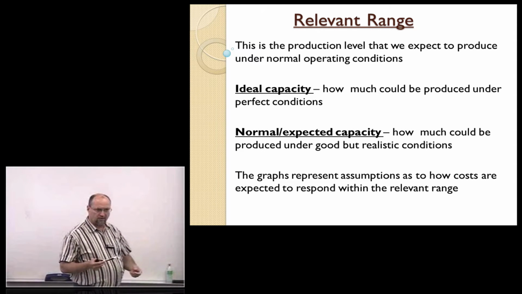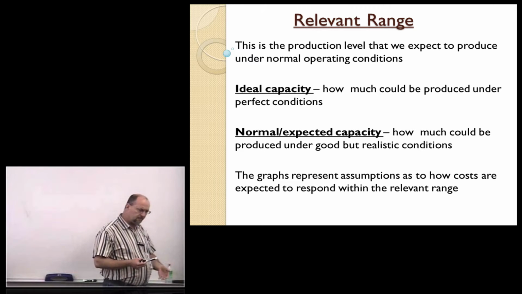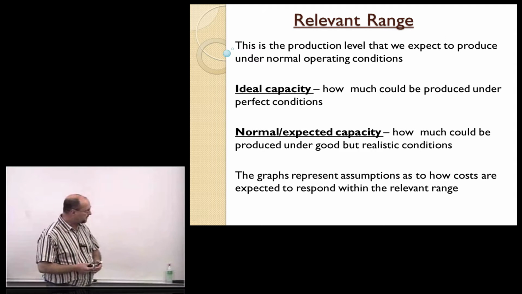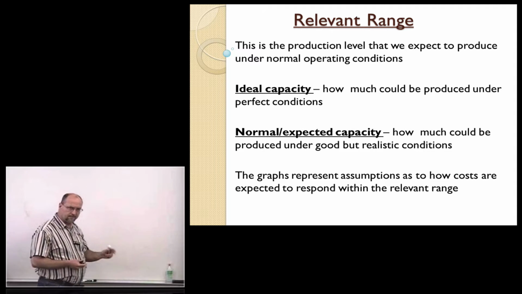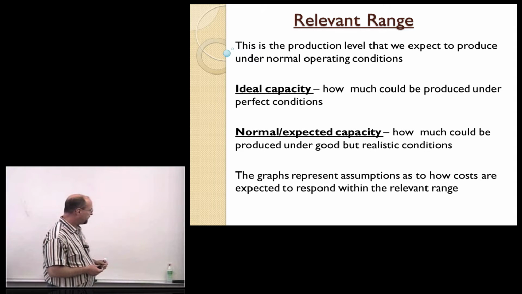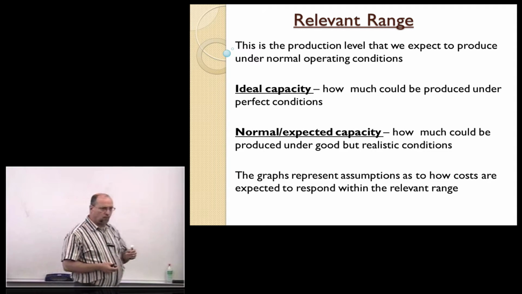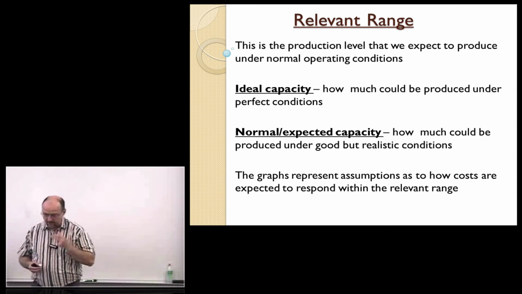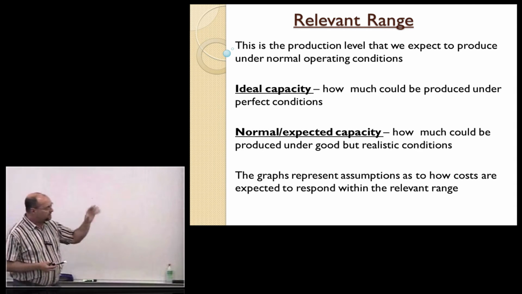Your goal is, of course, to minimize or eliminate inefficiencies, but recognizing that until you reach that point, which most likely is never, normal expected capacity is the concept we're going to use to define the relevant range. And the four graphs that we saw, really the five graphs, including the mixed cost graph, are assumptions we make within the relevant range.